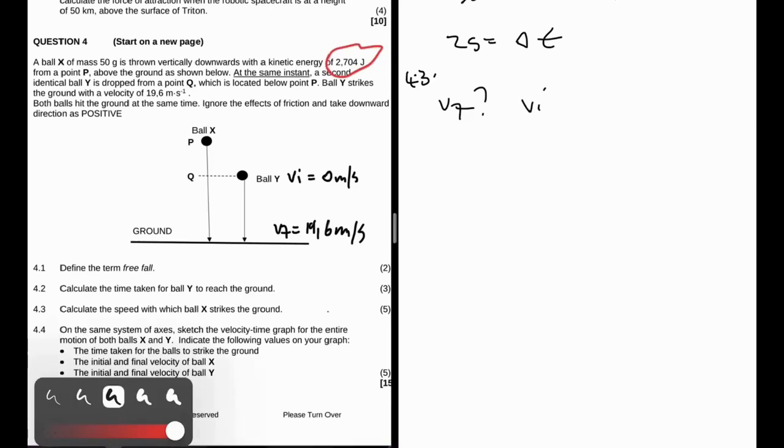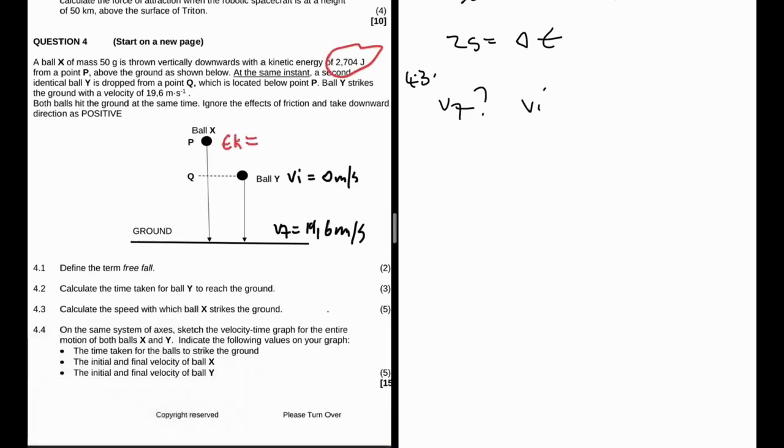So we are told that EK is equal to 2.704 joules. And then VF is our unknown. We have the acceleration, obviously, because we always do. And we are told that the two balls hit the ground at the same time, so we also have delta T.